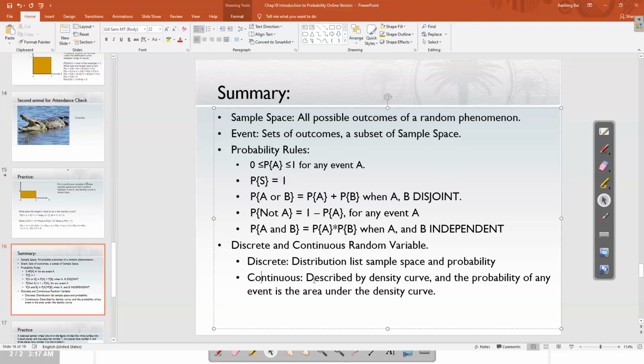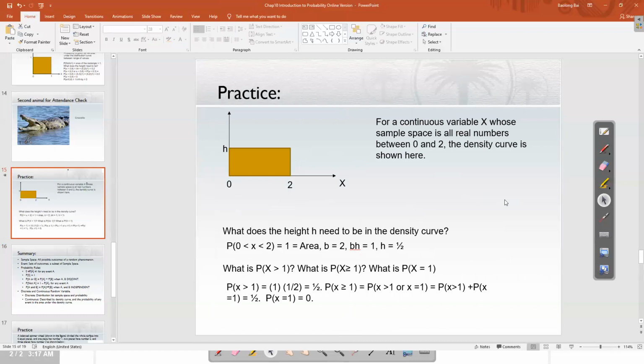For continuous distribution, we use a density curve to describe the distribution. And in a density curve, we use area to represent the probability. In our case, we talked about a uniform distribution. Uniform means every number in the sample space has a uniform probability to occur, right?